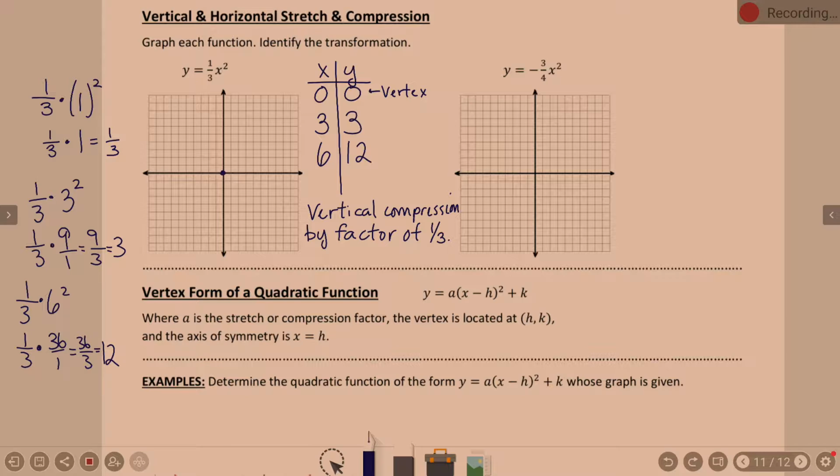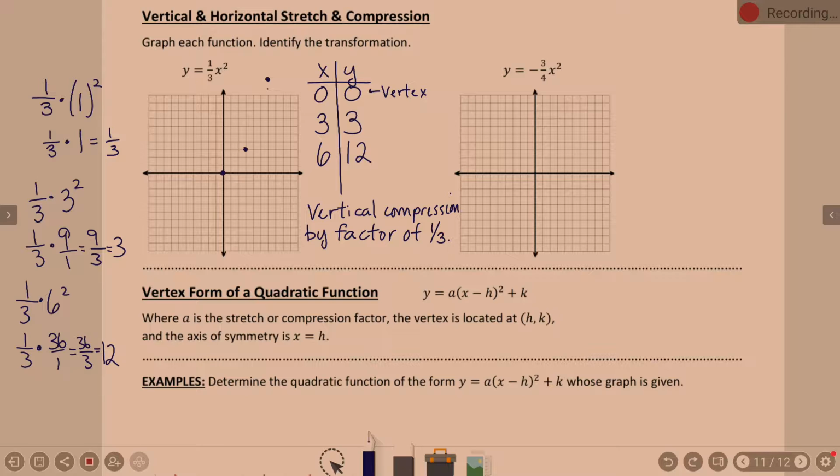Okay, let's graph this. Already got 0, 0, 3, 3. Right 3, up 3. 6, 12. Right 6. Up 12. Which I believe these are 10 by 10 graphs, if I'm not mistaken. Yeah. I have no problem with, if you're doing something on paper for me, you only have to count 2 spots off the graph, yes?